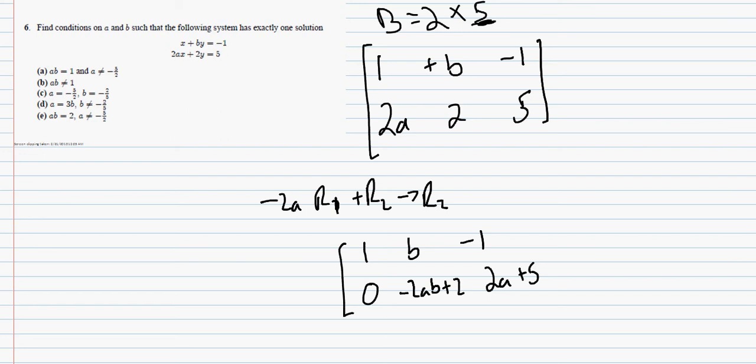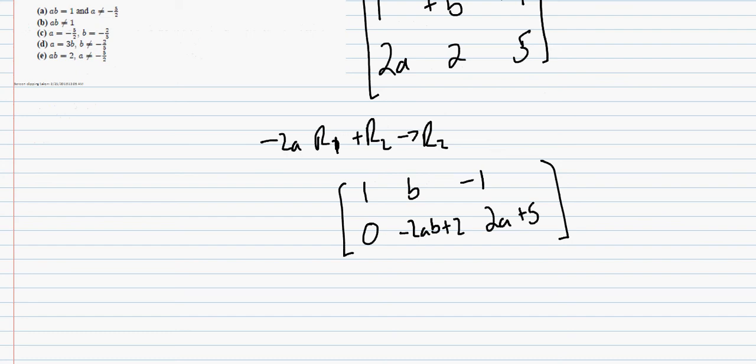Okay. Now I'm going to reduce it even further. What we're going to do now is get rid of this B in this area. How I get rid of that B is first I'm going to make this a 1. That's one of the things we learned in the previous videos. So 1 over negative 2AB plus 2, multiplied by R2, changes R2.